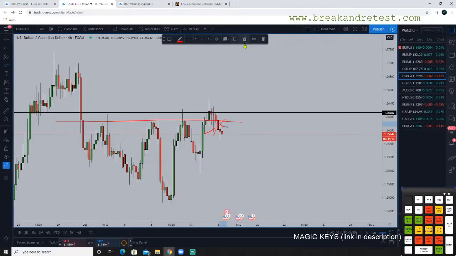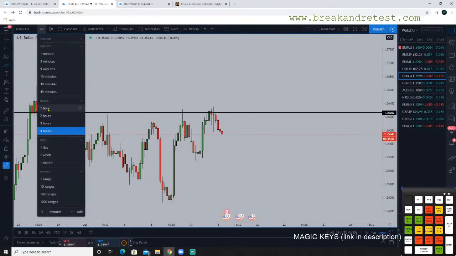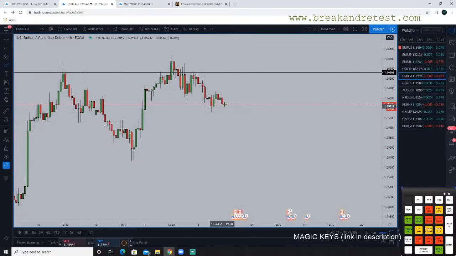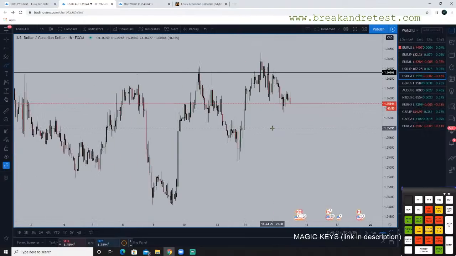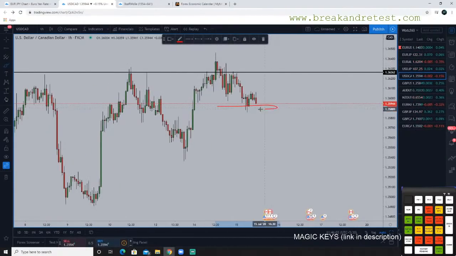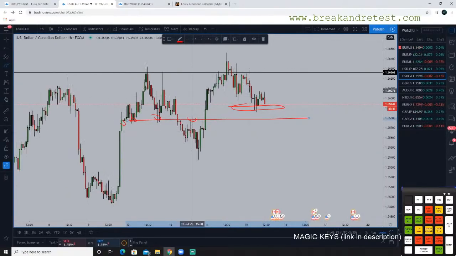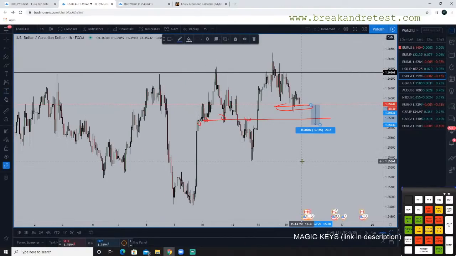But where can we enter here? We go on the 1 hour because we need to find a minor zone. So when we have a break, we can enter. At this moment here, I think this is not enough, but if we look back a few candles back, we can see that we have a zone here, but there's plenty of pips until there, like a 20 pip range.